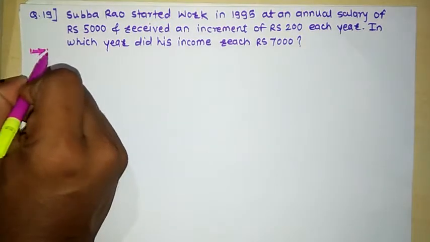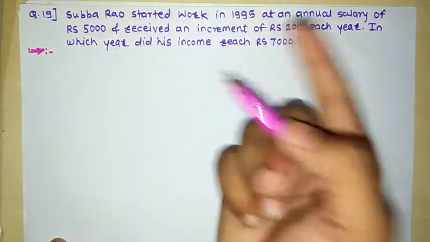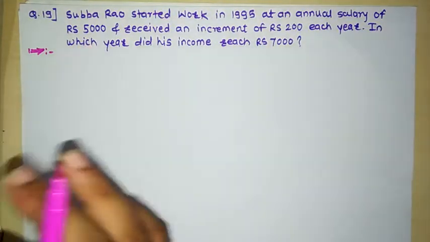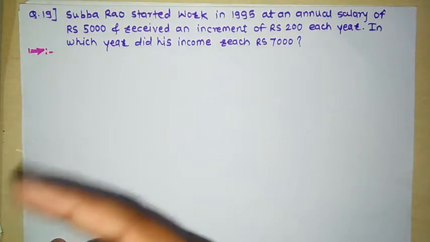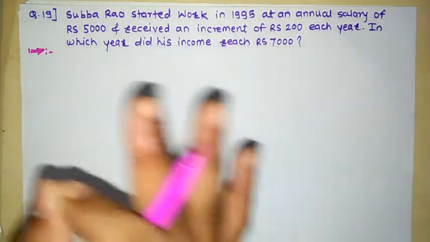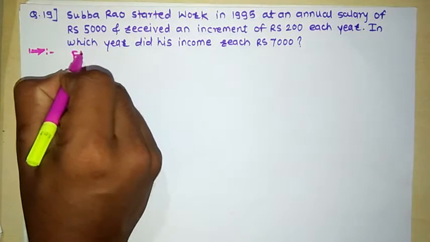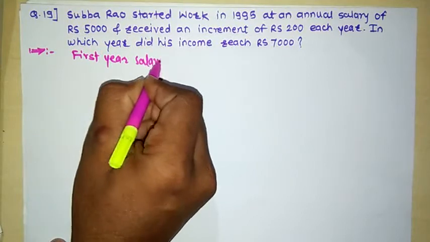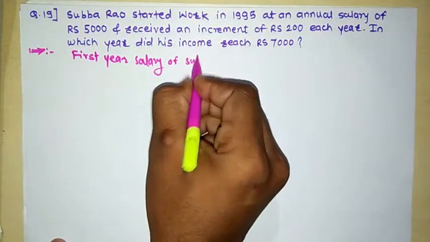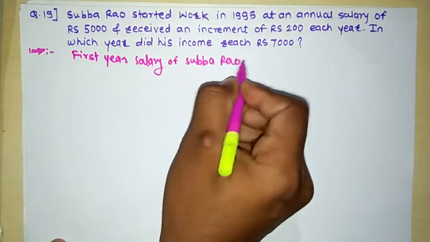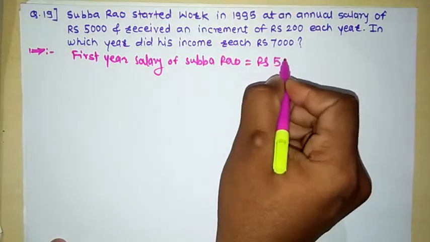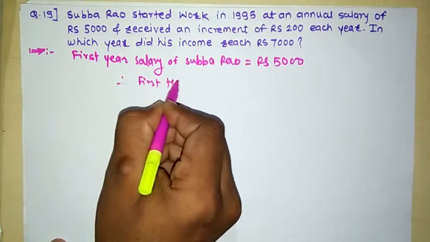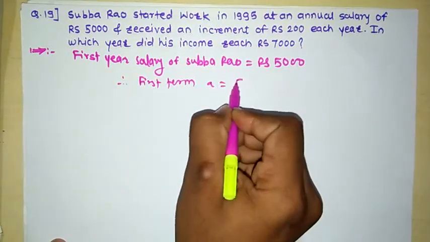See here, Subbarao started work in 1995 at an annual salary of rupees 5000. That is the first year salary of Subbarao, which is equal to rupees 5000. Therefore, first term a is equal to 5000.